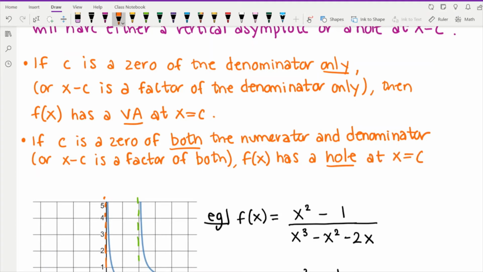Maybe let me say one more thing, which is that holes and vertical asymptotes both happen when the function is undefined, right? So they both happen at the places where you're dividing by 0. The vertical asymptotes happen at those places where the 0 is in the denominator only. And then the holes happen in those places where that 0 goes in both the numerator and the denominator.